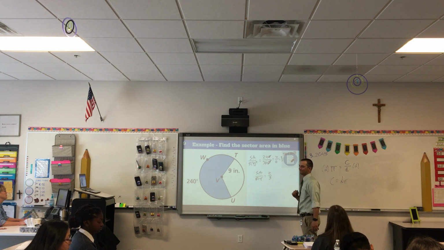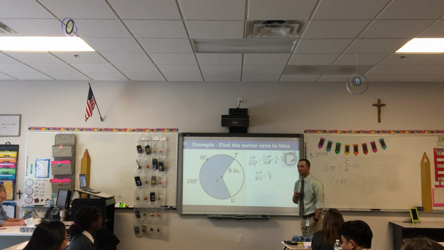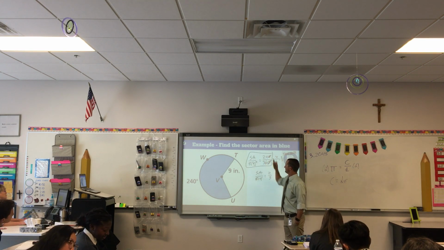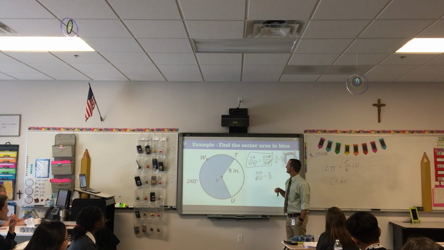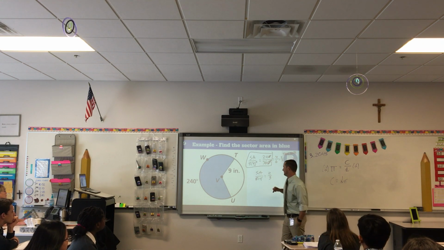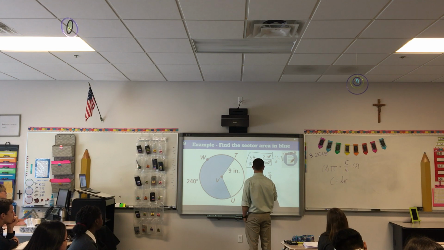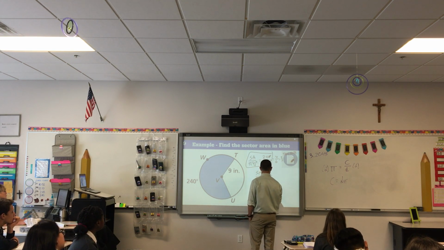What did you do, Marianne? I did SA equals 240 times pi over 360. Right, so you multiplied both sides by 81 pi. Let's do the same thing here. So we get SA equals 81 pi times 2 over 3.